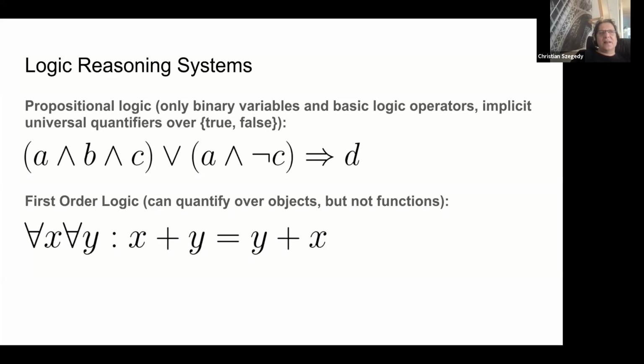Another example is the principle of induction. For example, you say for every proposition, if the proposition holds for a number, and if it holds for all numbers smaller than a number, then it holds for the next number, then the formula holds for every number.